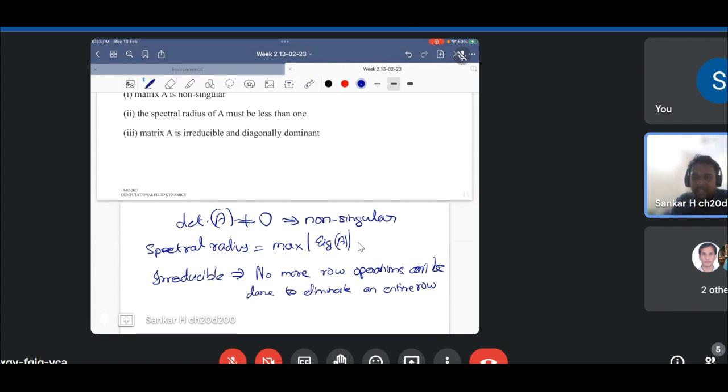So basically, when the rank is the lowest in that matrix, that is what we call an irreducible matrix.